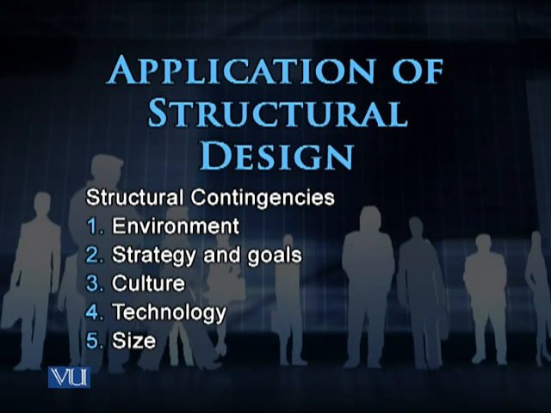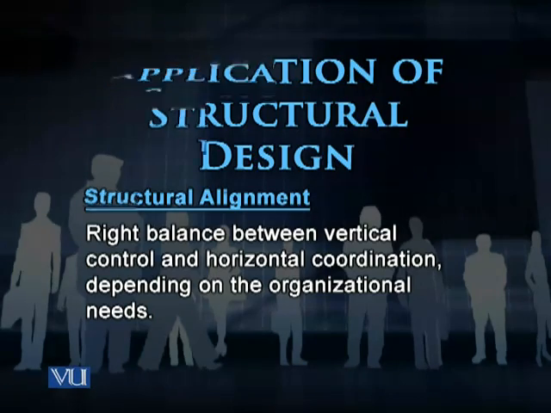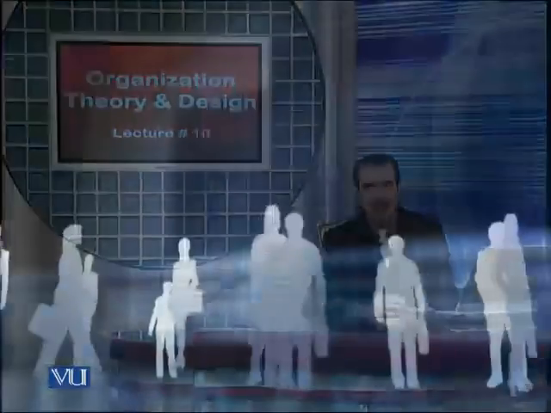And we have also come up with a conclusion that the right balance between vertical control and horizontal coordination will create structural alignment. We have seen that the structures of the companies naturally favor both vertical and horizontal flow of information.